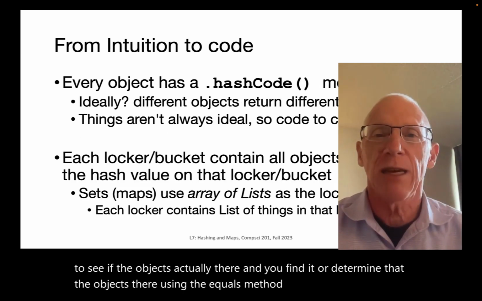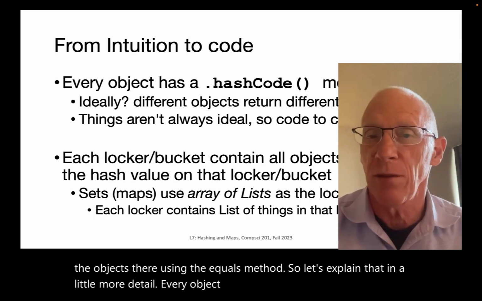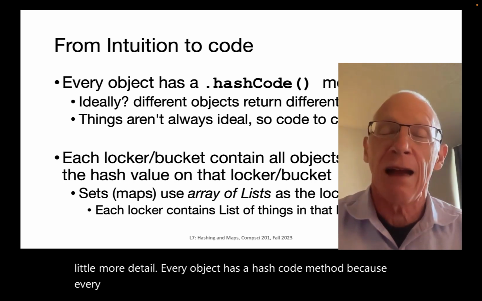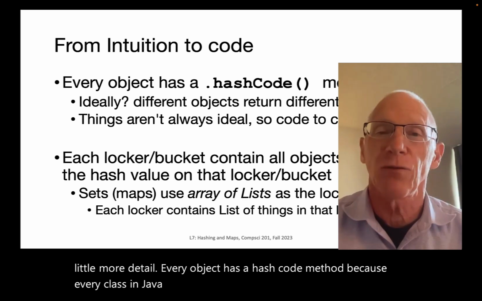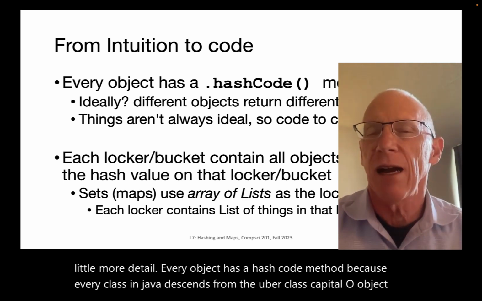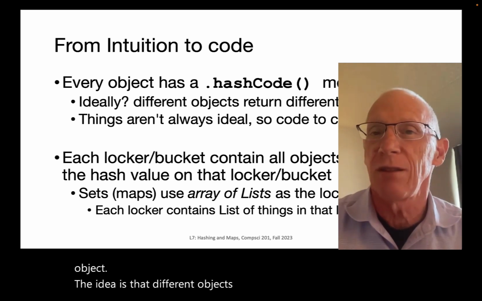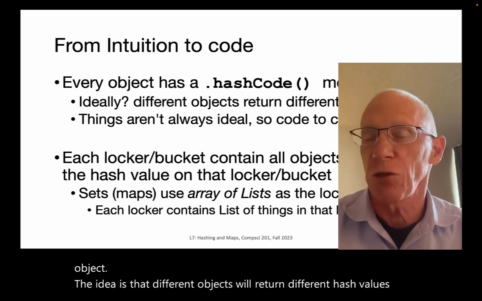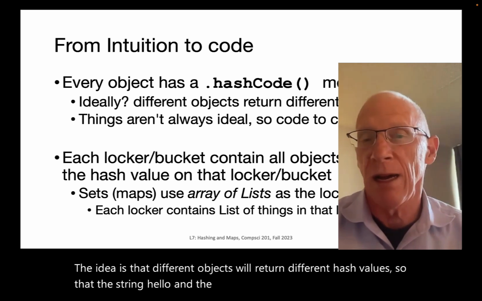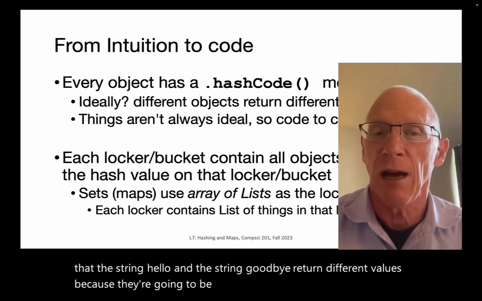So let's explain that in a little more detail. Every object has a hashcode method because every class in Java descends from the Uber class capital O Object. The idea is that different objects will return different hash values, so that the string hello and the string goodbye return different values because they're going to be in different lockers.